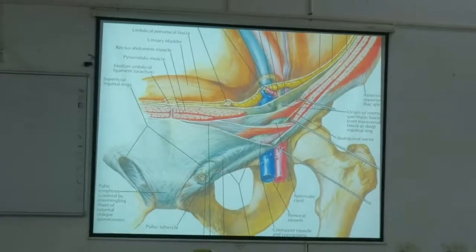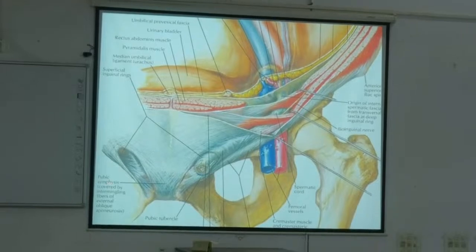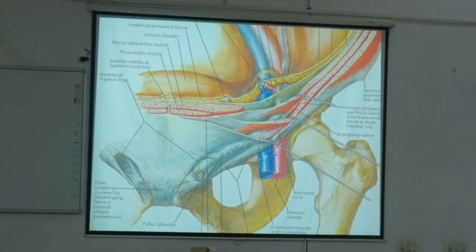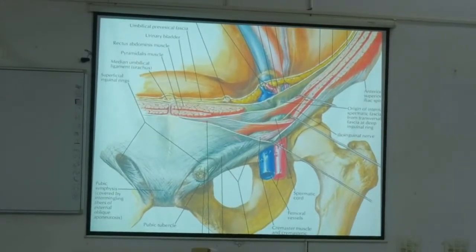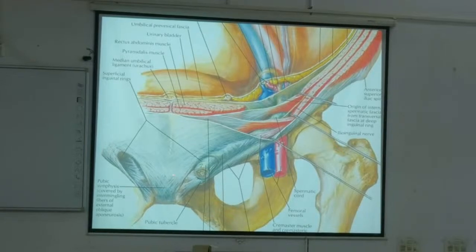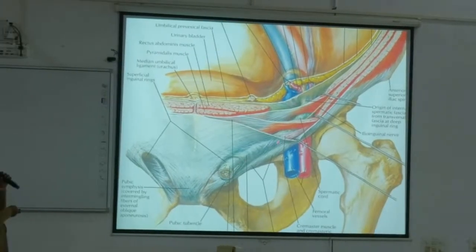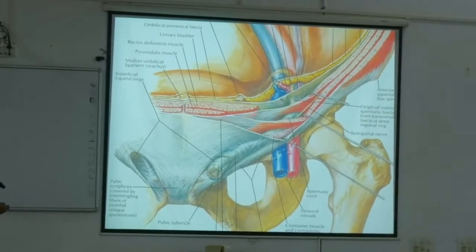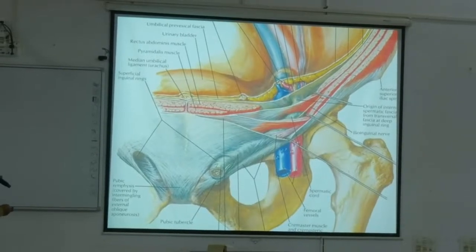See, this part is the inguinal canal. Here it is coming out of the superficial inguinal ring, and here is the deep ring. See, this is the external oblique aponeurosis forming the anterior wall. These two, the internal oblique and transversus abdominis, form the roof.